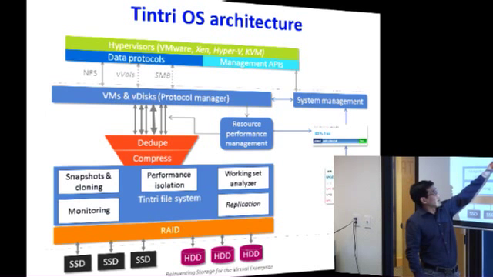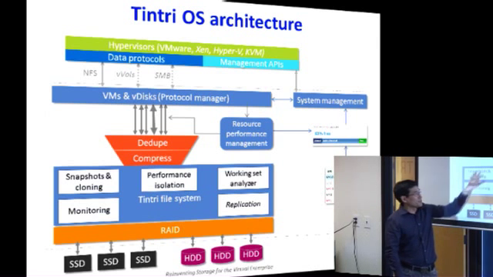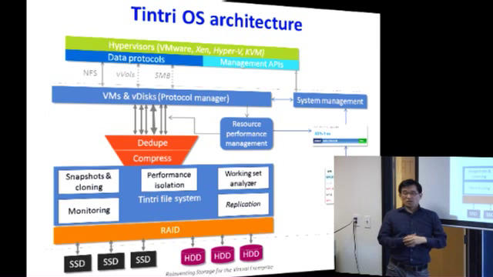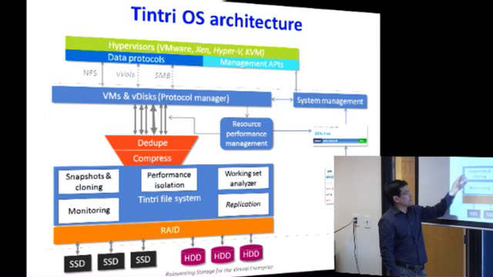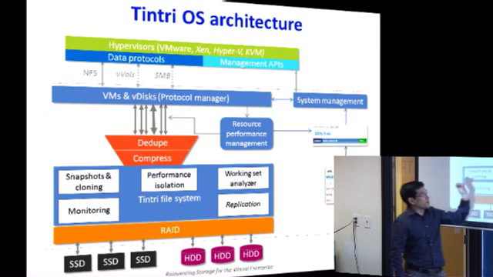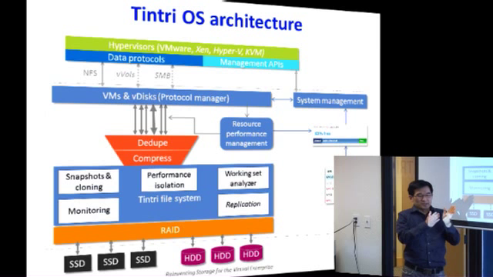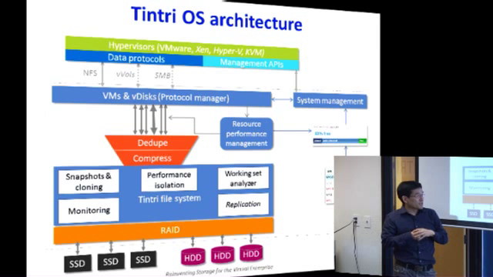And the great thing about it is a lot of data comes in here and a little data comes out there. So once you're done with the dedupe and compression, the file system is operating on a small fraction of the data that's actually written to the system. Right. And then the file system itself has features built in like snapshot and cloning, per VM vdisk monitoring, and performance isolation, so that your throughput intensive databases don't trounce over your latency sensitive desktops.